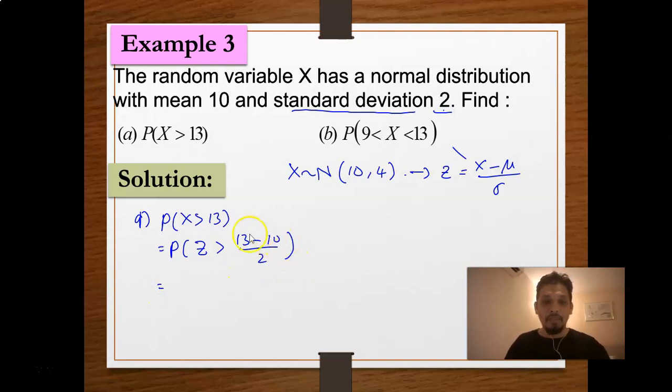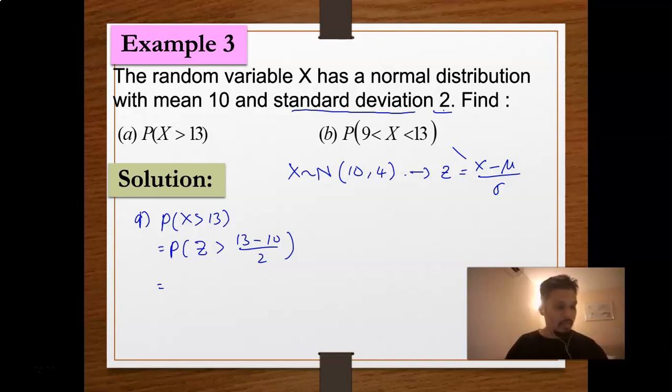Finally we calculate this value: 13 minus 10 divided by 2 is equal to 1.5.